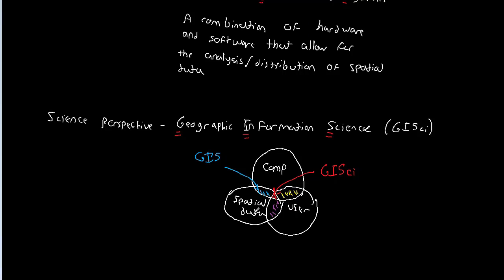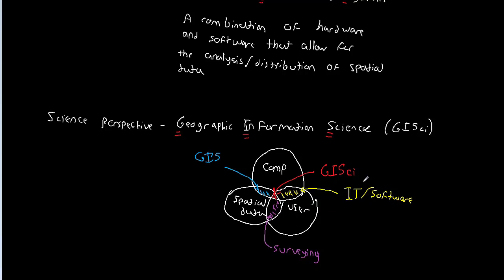If we talk just about the overlap between users and spatial data, this would be fields such as surveying, where you're collecting spatial data, but you're not using spatial data, you're not interacting with the computer to make meaningful decisions. And finally, if all we do is look at the overlap between the computer and the user, this would be where you have fields like IT and software development.